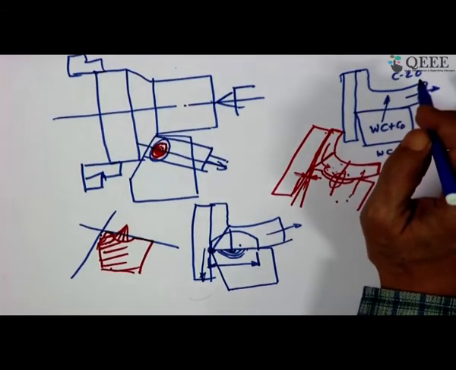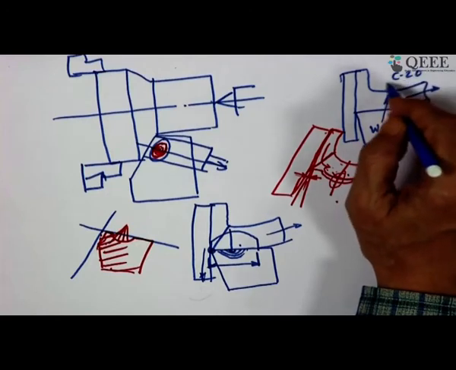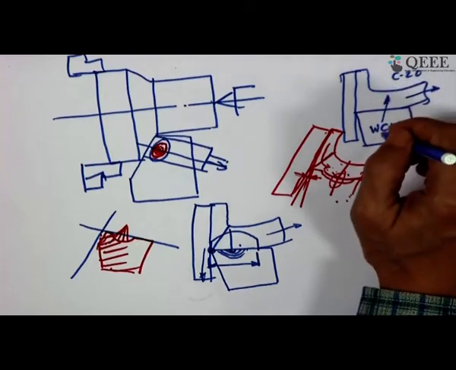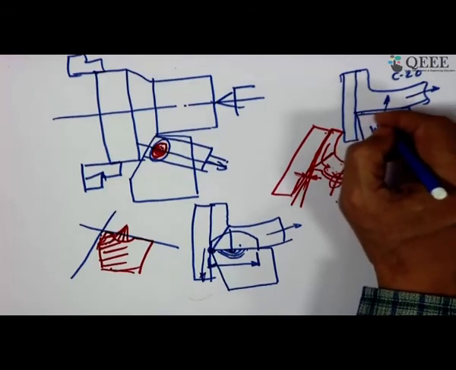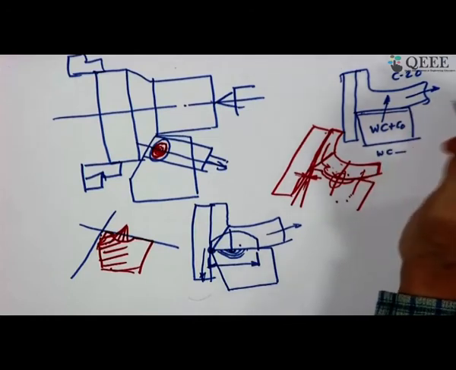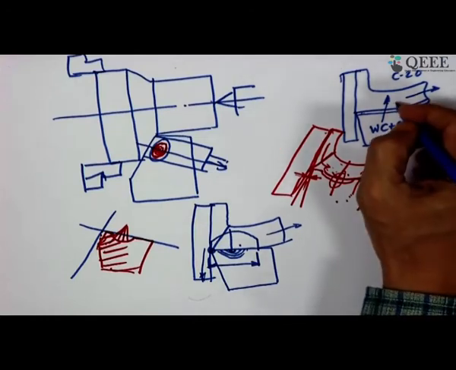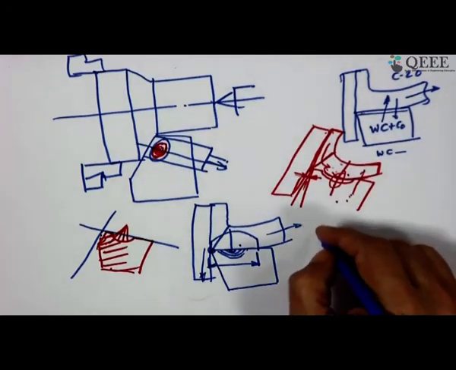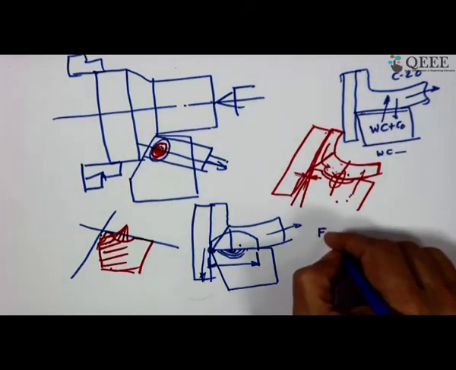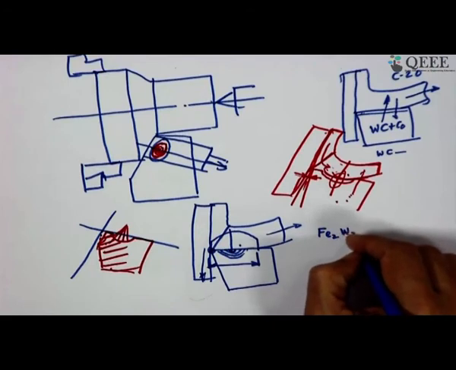Why? Because of the simple reason, it is a low concentration of carbon on one side and a high concentration of carbon on the other. And when such a thing happens, you have a layer which we call deficient in carbon. Then iron comes from this side, and what we have is Fe2W2C.